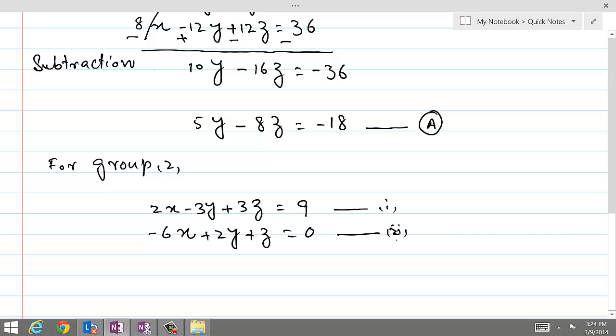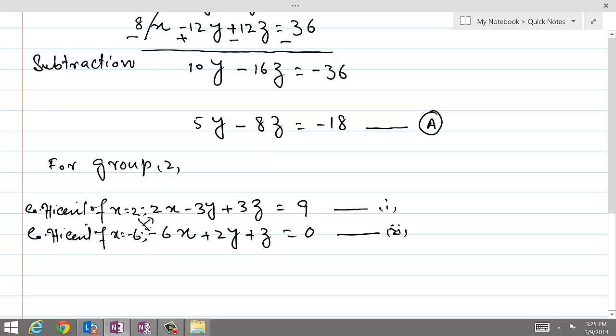We adopt the same procedure for elimination. The coefficient of x here is 2, and the coefficient of x here is minus 6, and we will multiply these coefficients. So minus 6 will multiply with equation 1, and this 2 will multiply with equation 2.